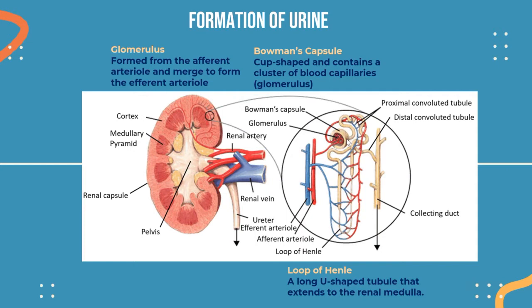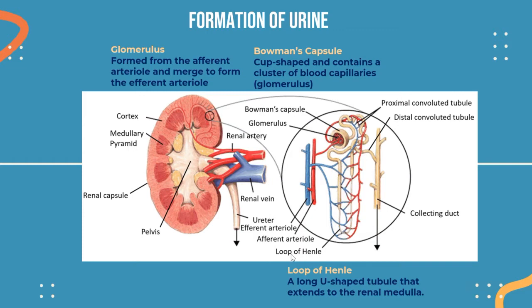The Bowman capsule here is connected to the proximal convoluted tubule. After the proximal convoluted tubule, this is referred to as the loop of Henle.